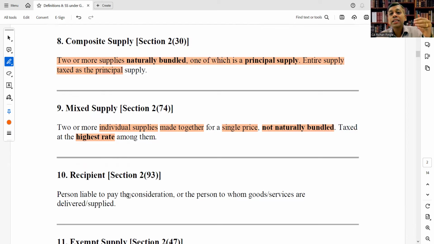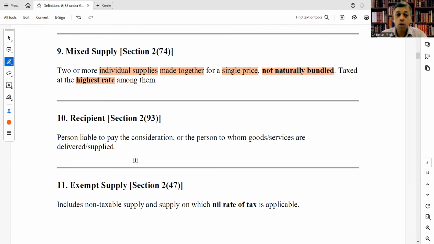In a composite supply, whatever the principal supply is will be taxed on that basis, but a mixed supply is taxed on the basis of the highest rate among them. Those are products made together for a single price, and then it will be the highest of them; the supply will be taxed at that rate.